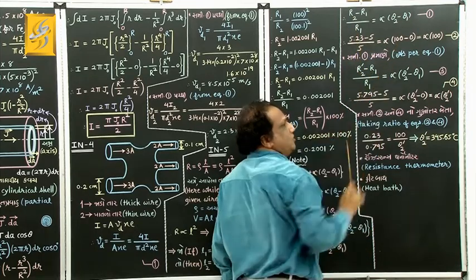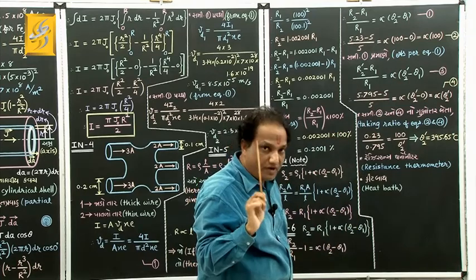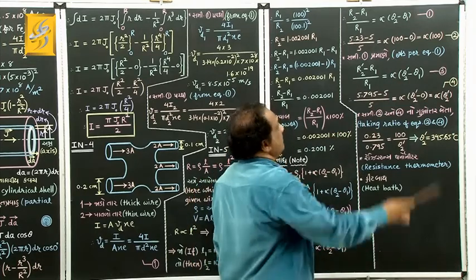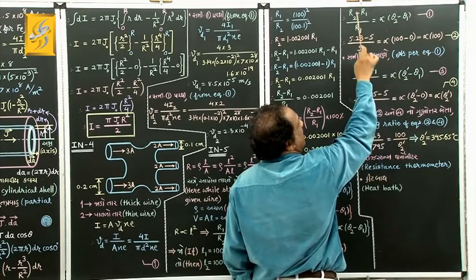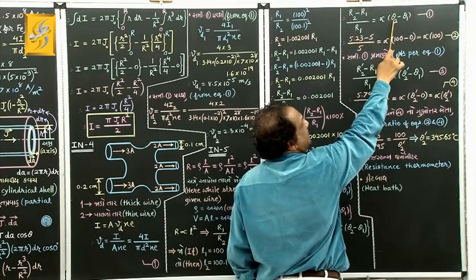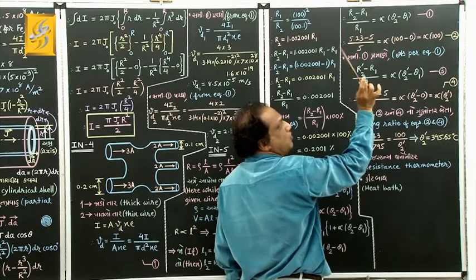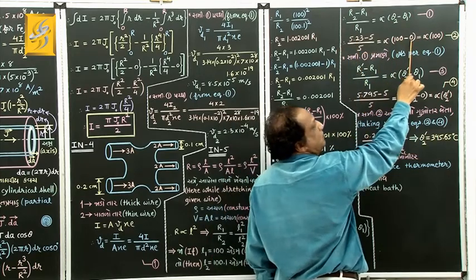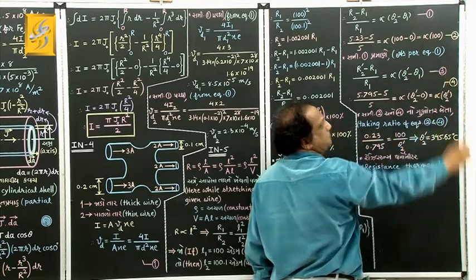This 100 degree centigrade, you know, is the boiling point of water at 1 atmospheric pressure. Fine. Now R1 is 5 ohm, and R2 is the resistance at 100 degree centigrade, which is 5.23 ohm. 100 minus 0, that is 100 into alpha. Give it equation number 2.